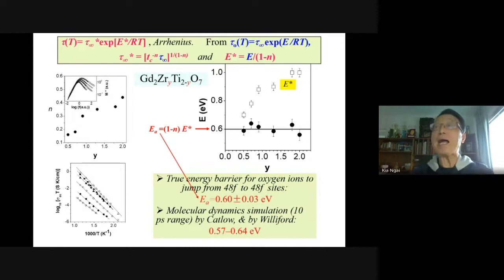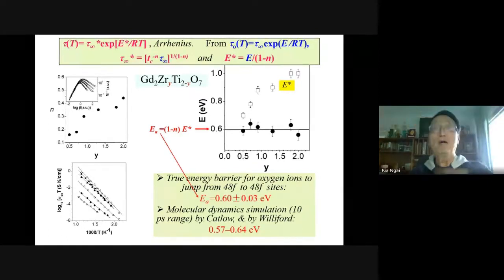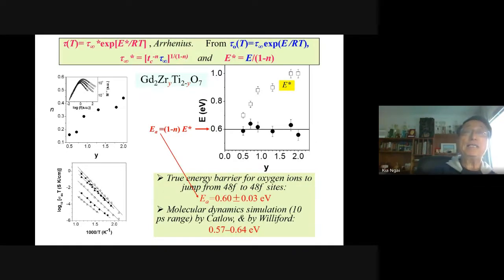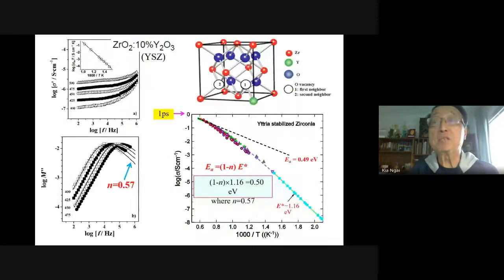It's not as high as E star, but when you take the N value that you measure on the left side and you scale it back with the coupling model prediction, which is now EA should be (1-n) E star, you get exactly the same value as the true value from the molecular dynamics simulation.